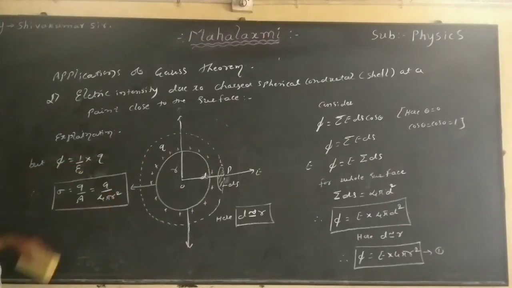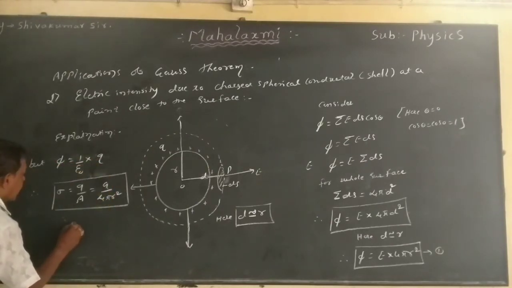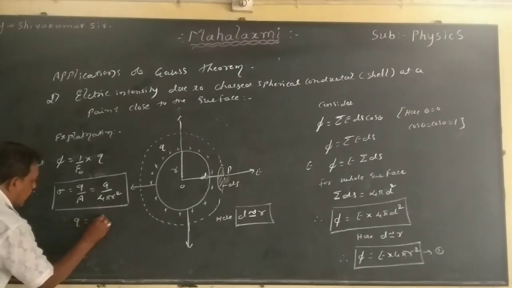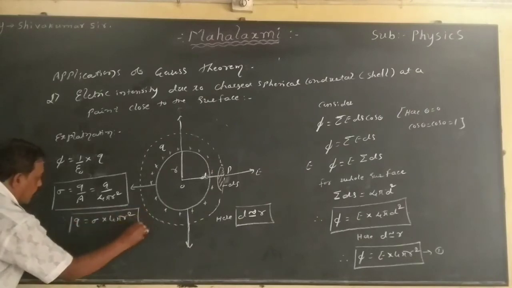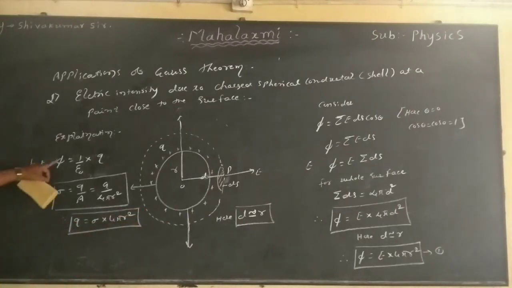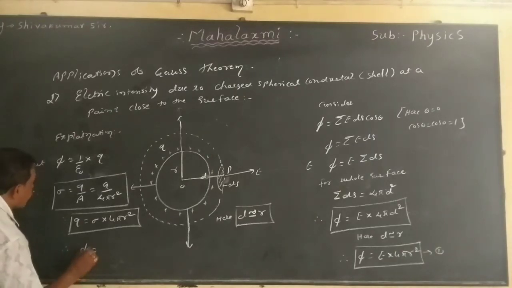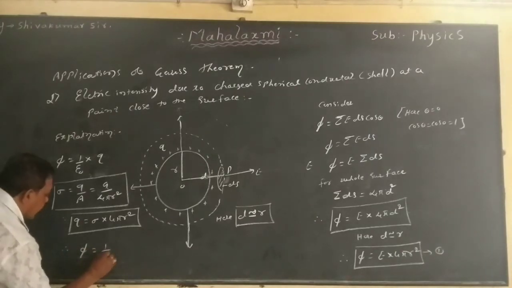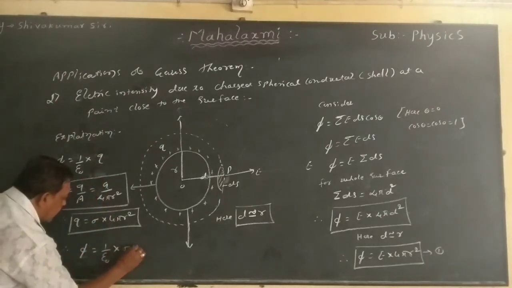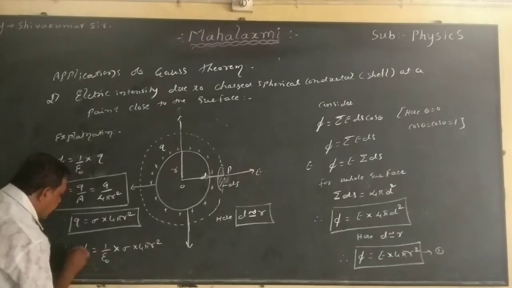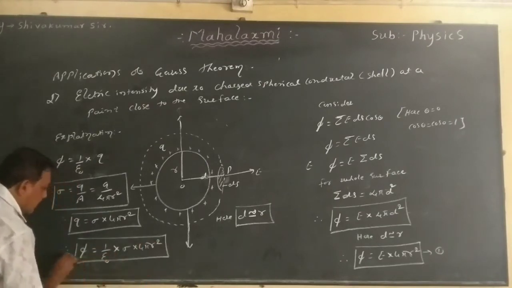Therefore, q equals sigma into 4 pi r square. Then shall I take this into the equation? Therefore, phi equals 1 divided by 4 pi epsilon naught, Q is nothing but sigma into 4 pi r square. I call this equation number 2.